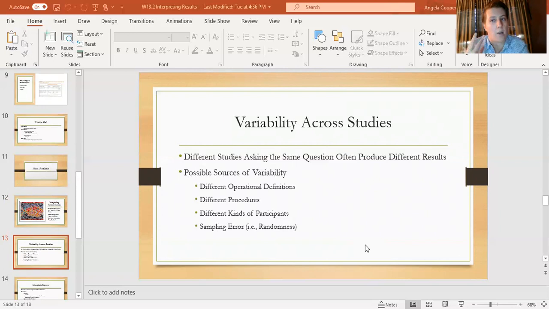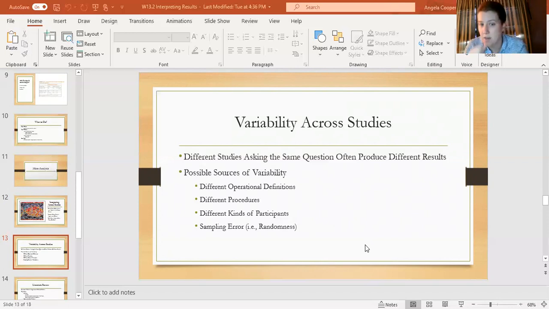They could have different operational definitions of their variables. Some might choose to go with the self-report route. Here's a survey or questionnaire. Some might go with the behavioral route. I'm going to observe your behavior and make tallies based on how often you do this or do that or what have you.